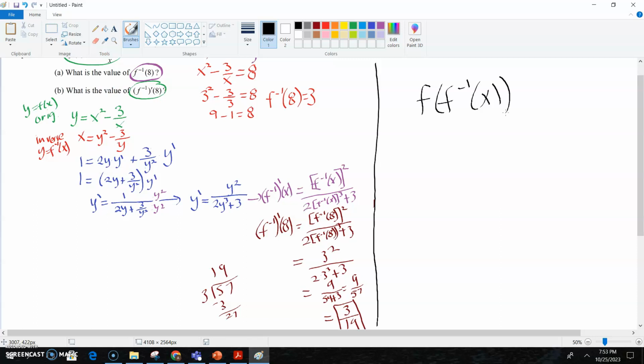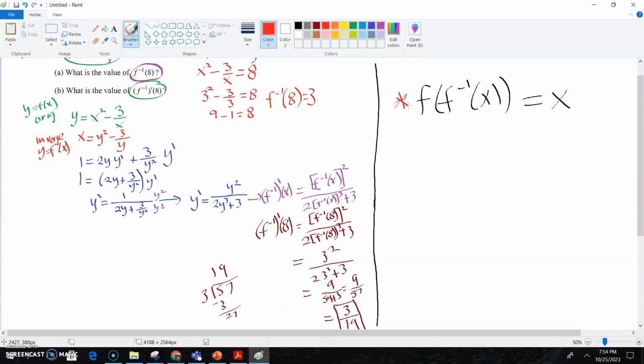So if I have a composition, f of f inverse, it will just spit back out the input. So if f was x squared and f inverse was square root of x, and I plugged in 4, I would square root 4, get 2, and then I would square 2 and get 4. That's what's happening here. So with this knowledge, I can create a rule that I can use always.